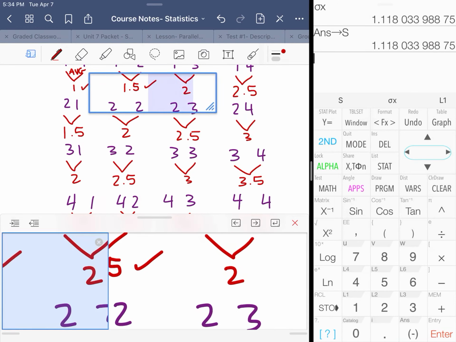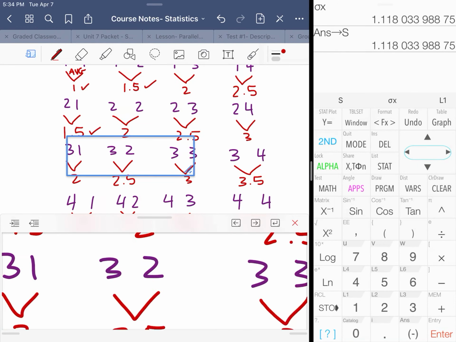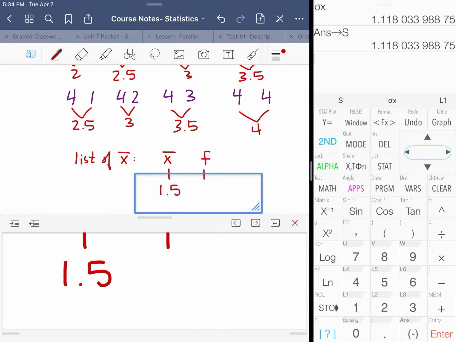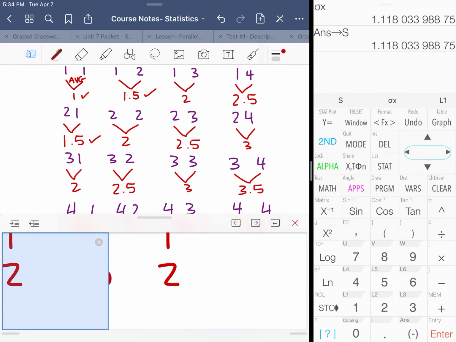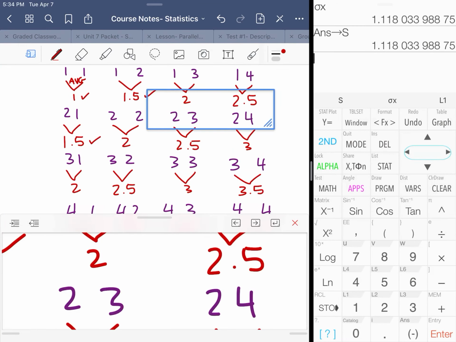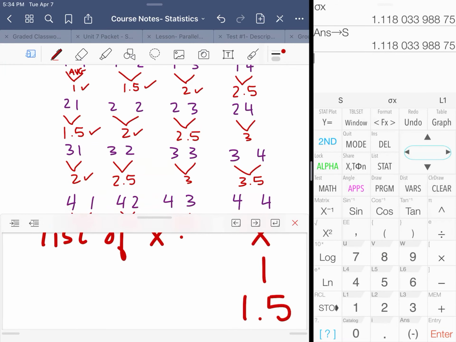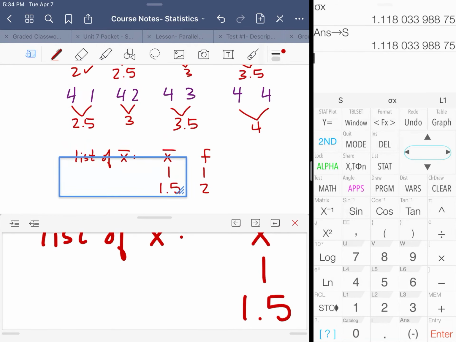The 1.5 occurs twice. 2 occurs 3 times. Oh, I boxed myself into a corner here.